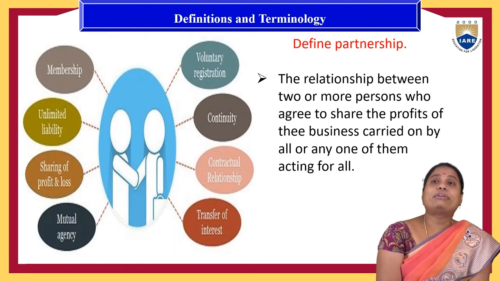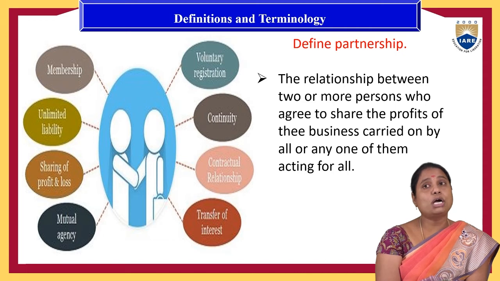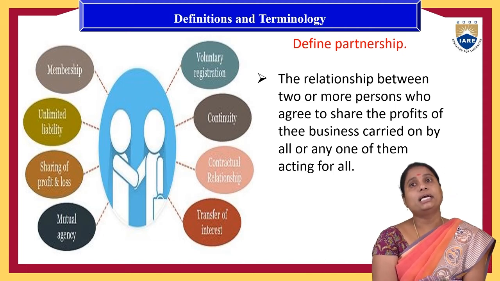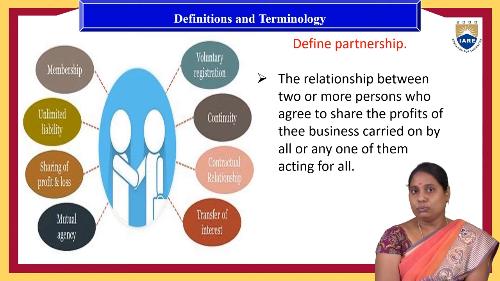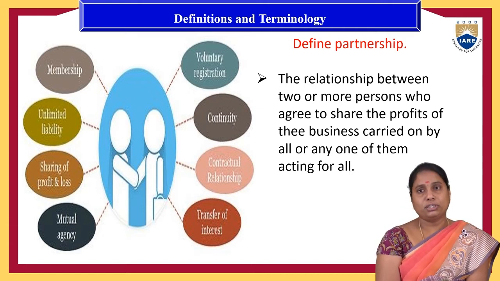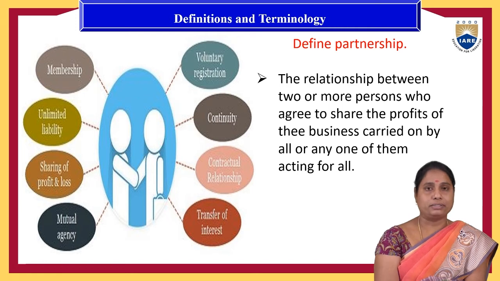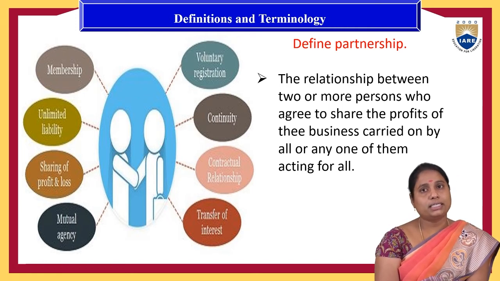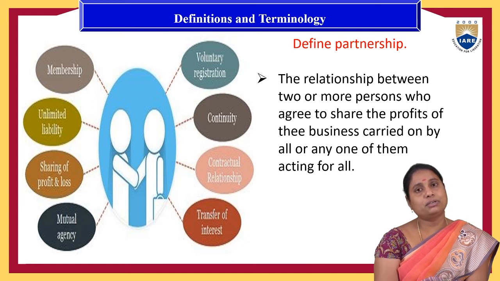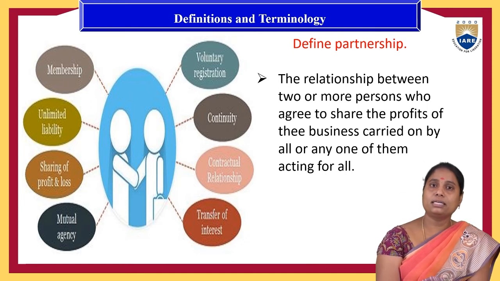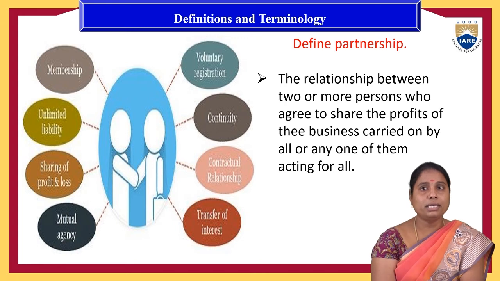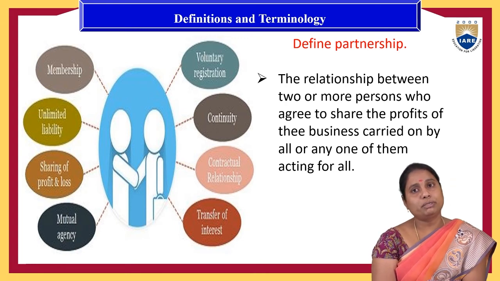Partnership. Instead of one person, if two or more people come together and agree legally to invest and share the business profits, then that is called a partnership. Its characteristics are voluntary registration, continuity of the business even after the death of a partner by replacing them with another nominee, and a contractual relationship between them.